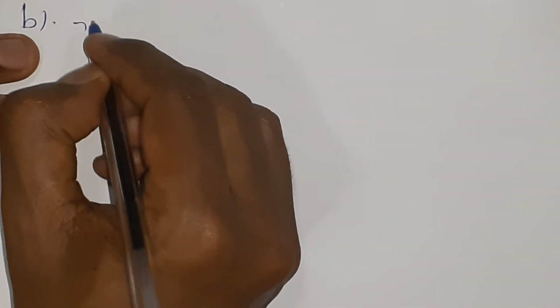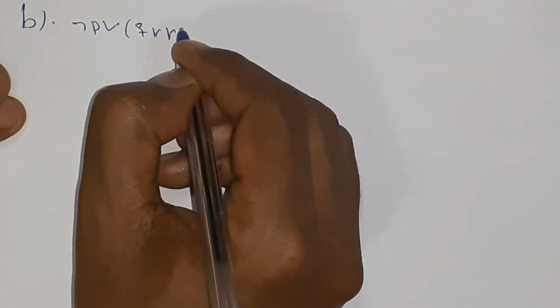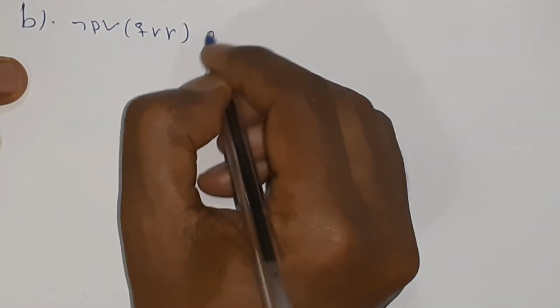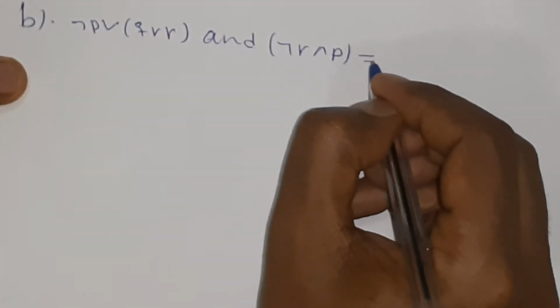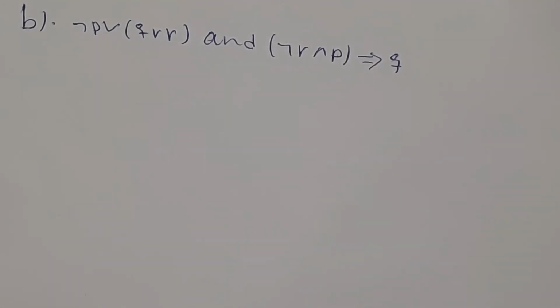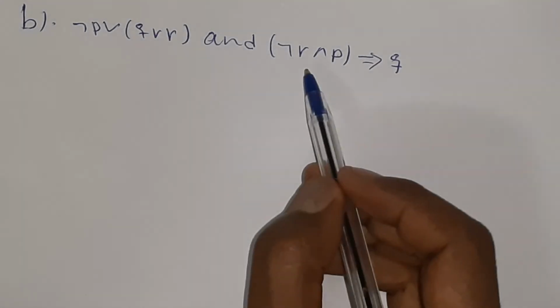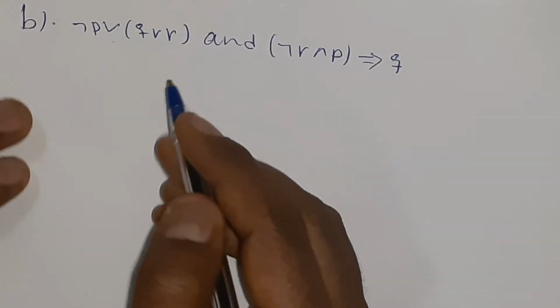Second one, that is B, the negation of P or Q or R and P implies Q is given. So let us start from the second statement and try to arrive at the first one.